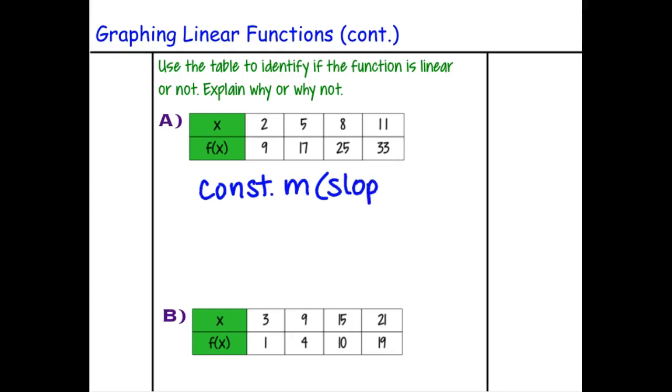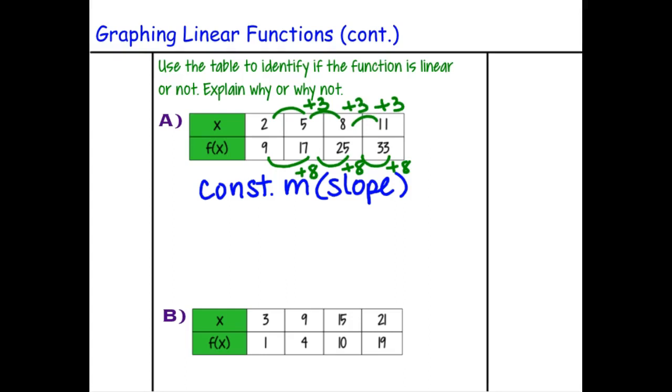So we need to have a constant rate of change or constant slope, which means that as x changes, y changes. The change in y from here is plus 8, here is plus 8, and here is plus 8. That's constant. It doesn't always have to be constant as long as it matches with the other one. Here we go, plus 3, here is plus 3, and here is plus 3.